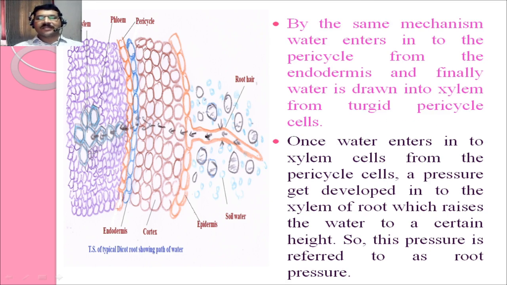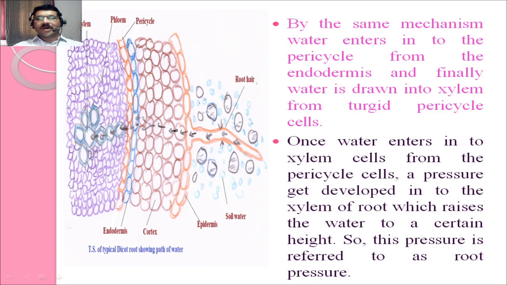What happens is that water from these root hair cells enters into the cortical cells, because once water enters the root hair cells, their osmotic pressure decreases, and the osmotic pressure of the adjacent cortical cells is higher, so the water is drawn by the cortical cells from the root hair cell. So these cortical cells become turgid.